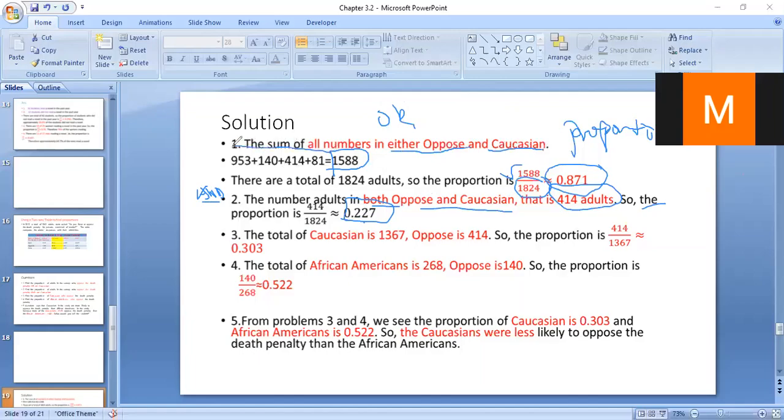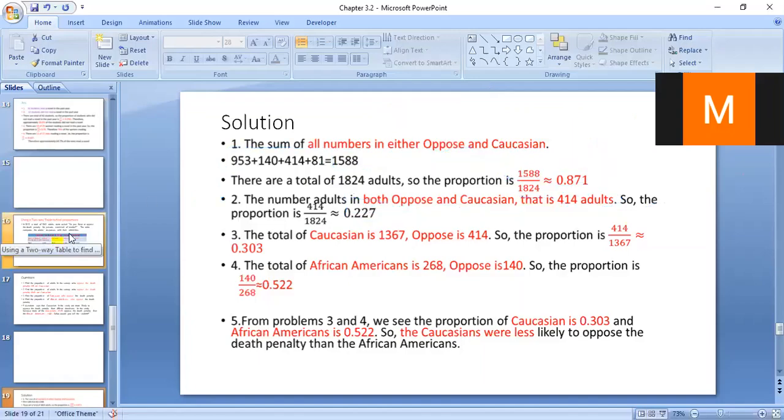So when you find all, you add the numbers, you get 1,588 and find the proportion: 1,588 divided by 1,824, you get 0.871. And for all people who are opposed and Caucasian, you get 414 divided by 1,824, you get 0.227.